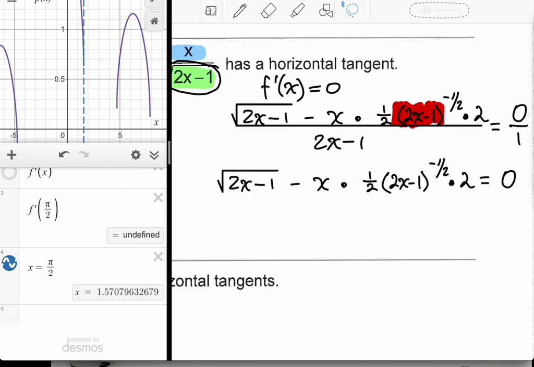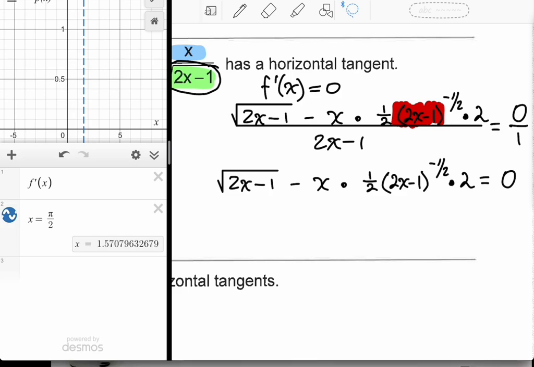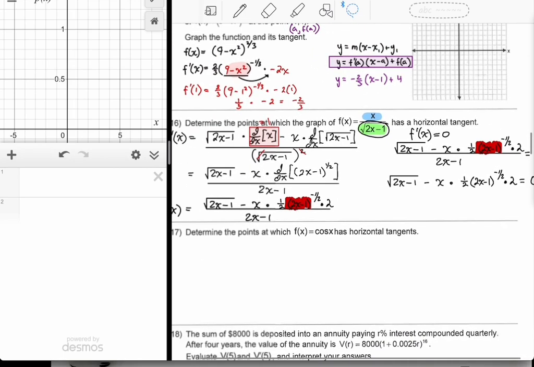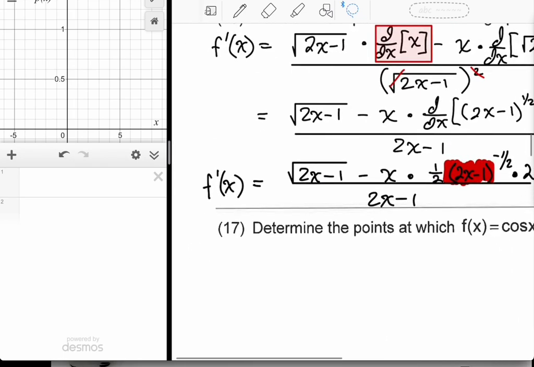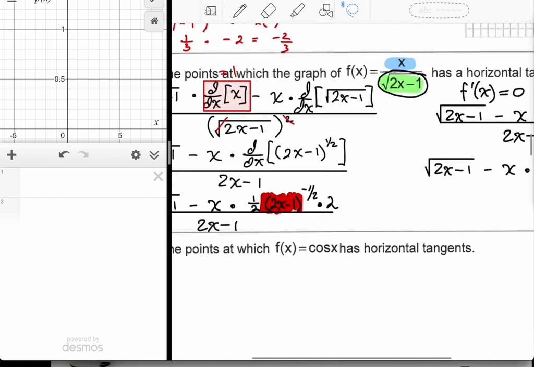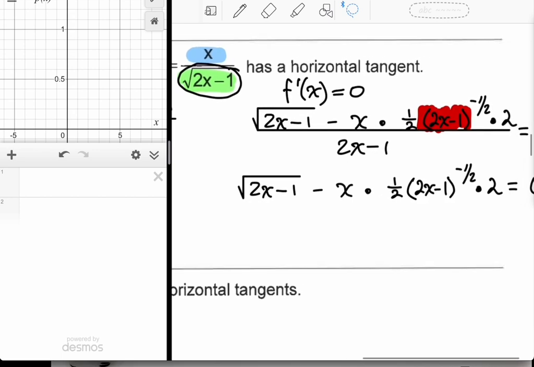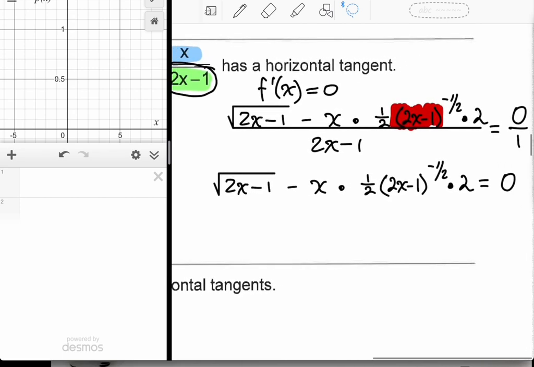But you can also type it in to Desmos and just see where it crosses the x-axis. Whether you do it in this step or you take the full-blown disgusting derivative and plug that in, either way is fine. But the bottom line is, as long as you come up with the x value here, it's okay. Because again, I'm not concerned with the algebra. I'm concerned with the calculus.